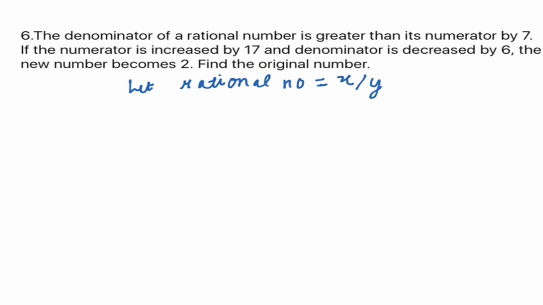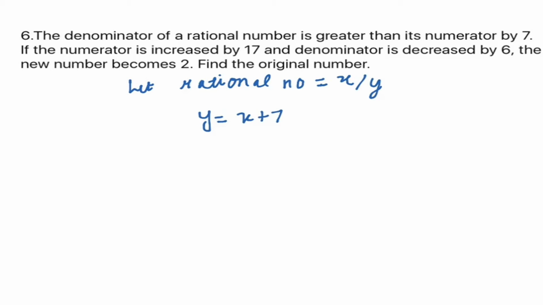The denominator of a rational number is greater than its numerator by 7. So in that case denominator is y. So it means y is equal to x plus 7, as the denominator is greater than the numerator by 7. Now next is, if numerator is increased by 17 and denominator is decreased by 6, the new number becomes 2.